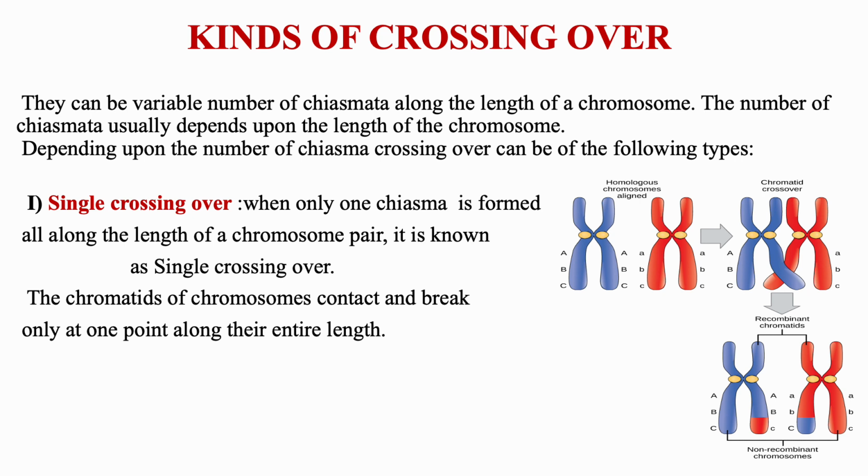These are the two homologous chromosomes, and the crossing over is happening between the two chromosomes only at one point. After the breaking, you can see the exchange has already happened between these. So these are the new recombinants that are formed. So that is single crossing over.